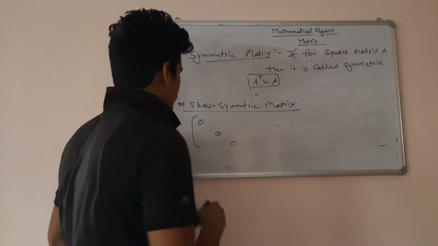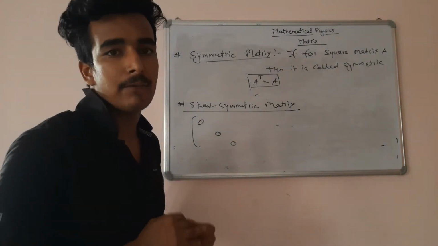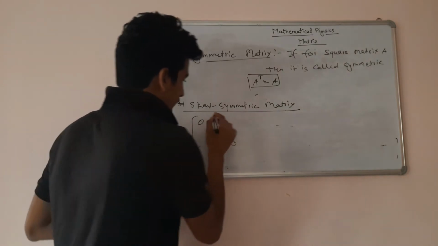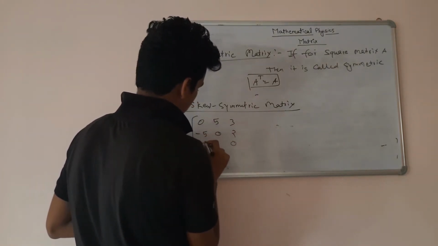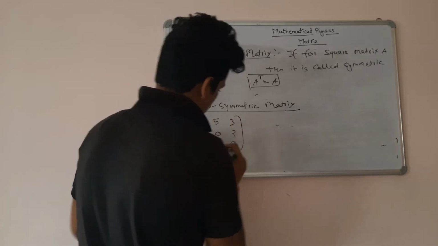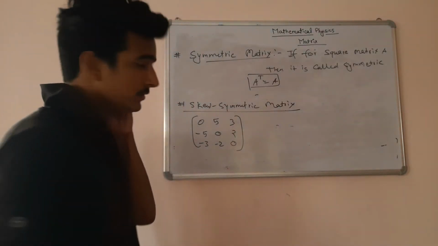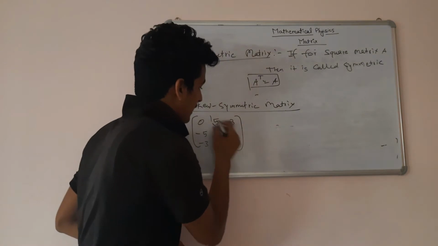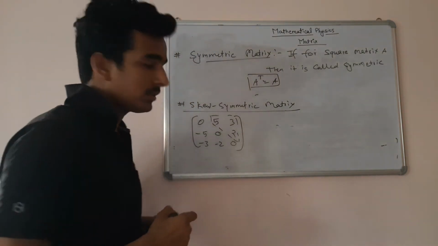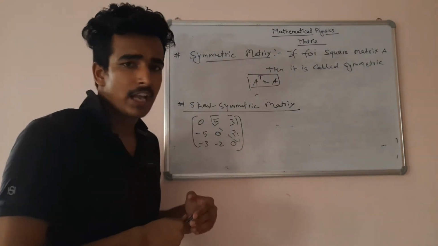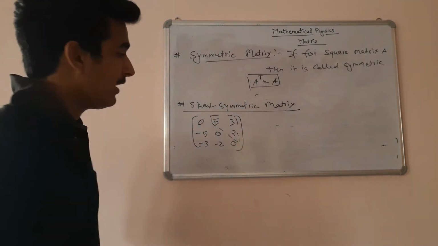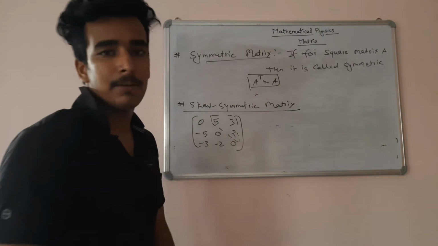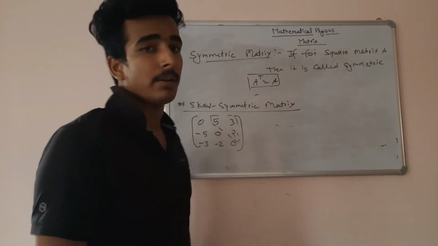So we can't choose them, they are fixed, they have to be 0. Now you can choose these elements. We can choose just 3 elements. The other diagonal elements are fixed at 0, and the other 3 are just the minus of them. So we can only choose 3 independent elements in a skew symmetric matrix.